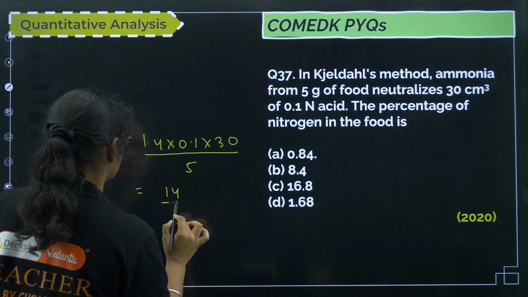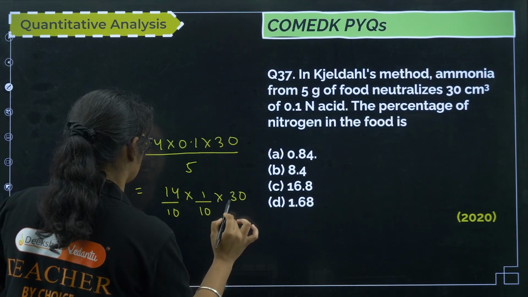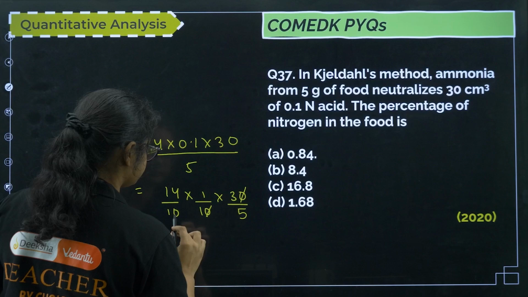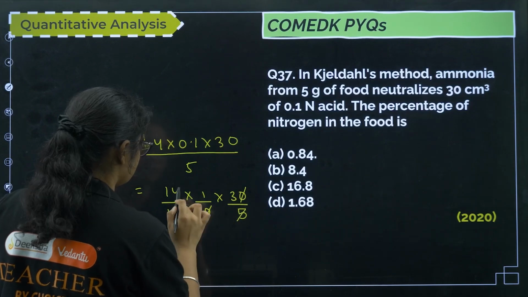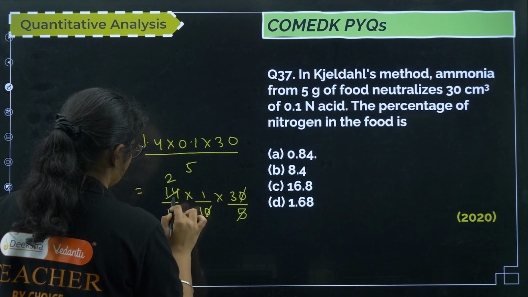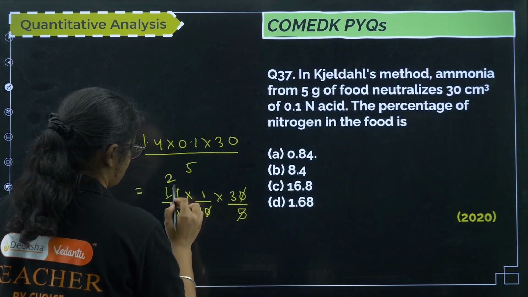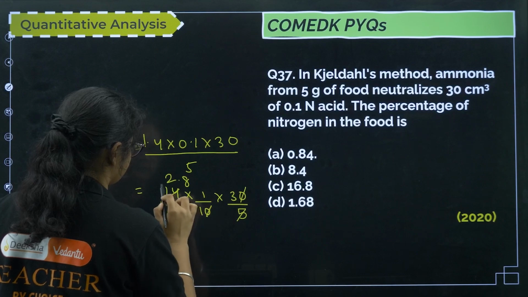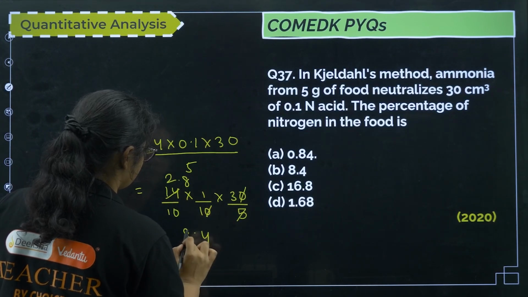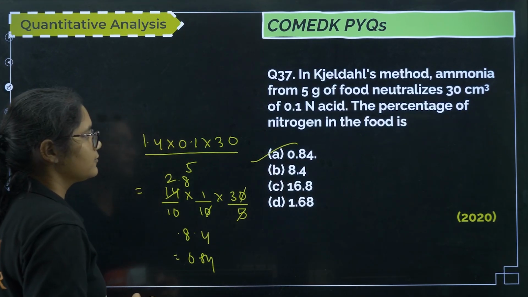So I'll do like this, 14 by 10 into 1 by 10 into 30 divided by 5. So 5 1s are 5, 5 2s are 10, 2.8, 5 8s are 40, yeah, 2.8. So 3 8s are 24, 8.4. So I'll get 0.84. Okay, option number A here.